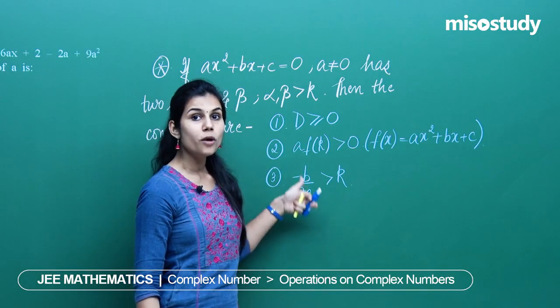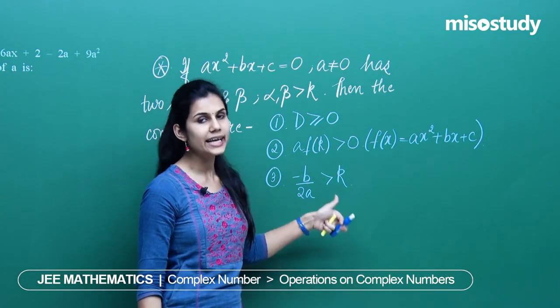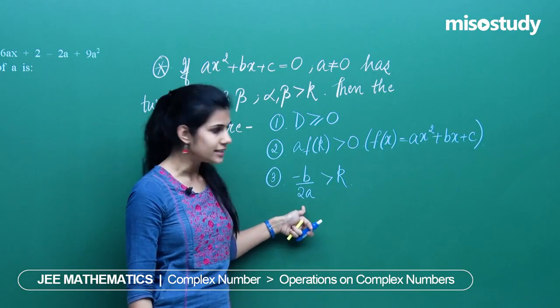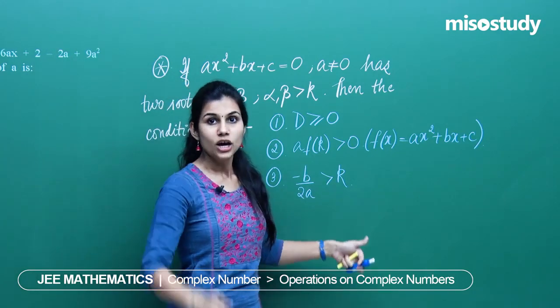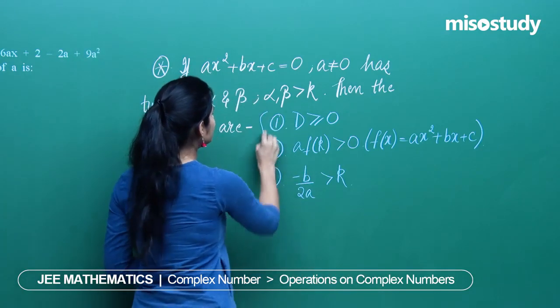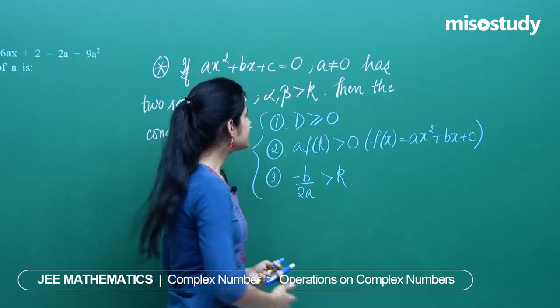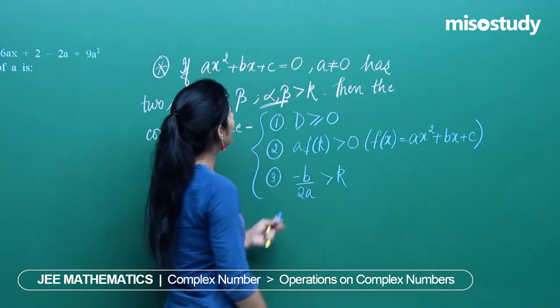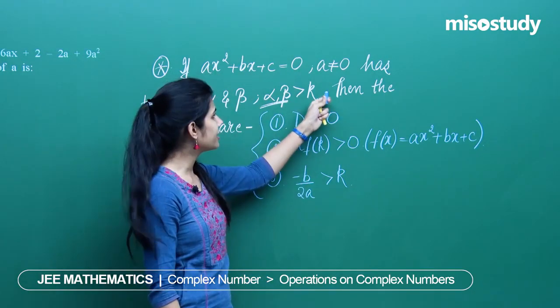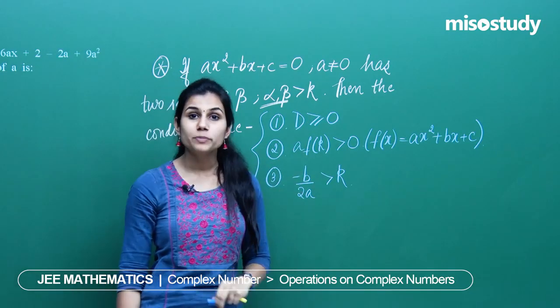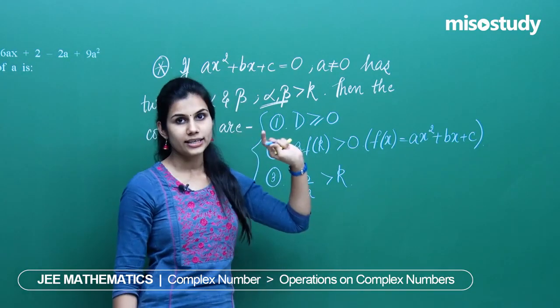Minus b upon 2a comma minus d upon 4a are the coordinates of the vertex, out of which the x coordinate is this. This should be strictly greater than k. Only and only when these three conditions simultaneously are getting satisfied can I say that the two roots alpha and beta of this quadratic equation are greater than k. Fine. So these are the three conditions which should be satisfied regarding this quadratic equation.